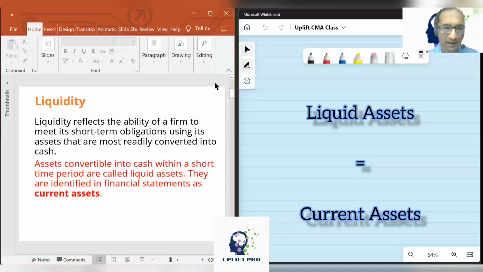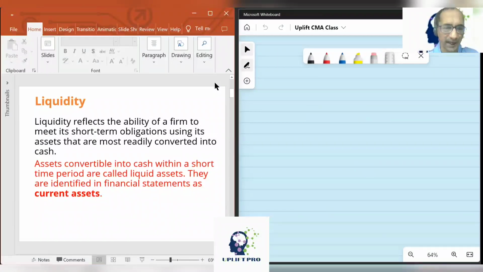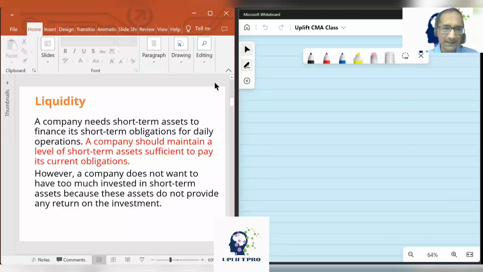Why do we call them current assets? Because they can be converted into cash within the current period itself, or as we mentioned, within 90 days, short term. So a company needs short-term assets to finance its short-term obligations for daily operations. What do we mean by that?